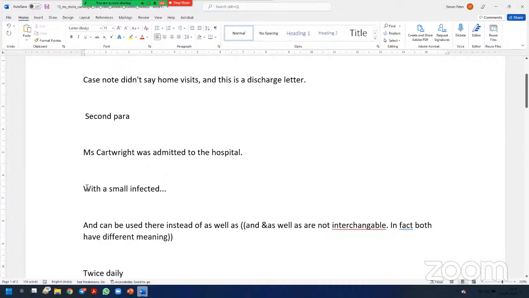And with a small infected left foot ulcer. So she presented with a small, and you can say and dot dot dot continuation of and a small infected left foot ulcer. Like that you can use the complete one.